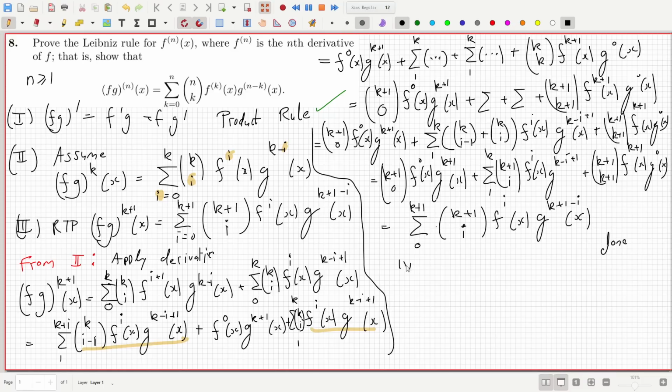So step 4. 1 plus 2 plus 3. That means it's true when n is 1, 2, 3, etc. So the only thing that you might find unsatisfactory here is that you might want an elementary proof of the product rule.